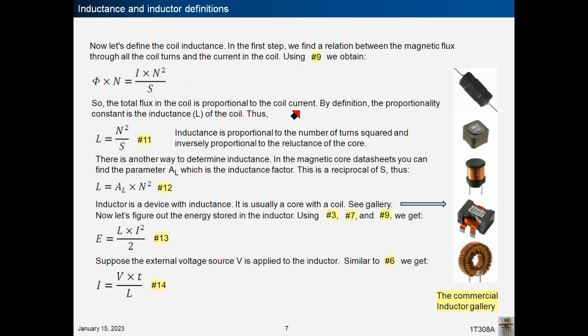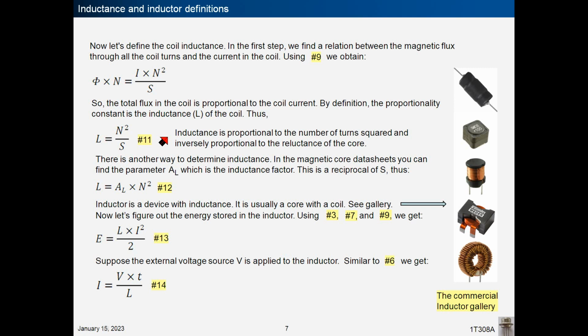By definition, the proportionality constant is the inductance L of the coil. Thus, L is N squared over S. Inductance is proportional to the number of turns squared and inversely proportional to the reluctance of the core.